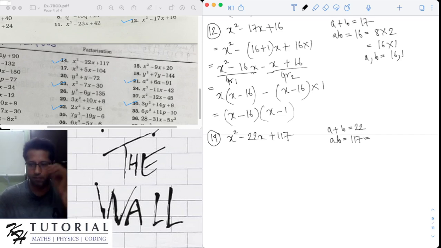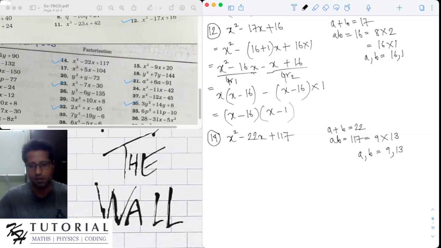So 117 can be factorized as 9 multiplied by 13. 9 into 13 is 117. Now, also you can see that 9 plus 13 is equal to 22. So, obviously, a and b will be equal to 9, 13 or 13, 9.